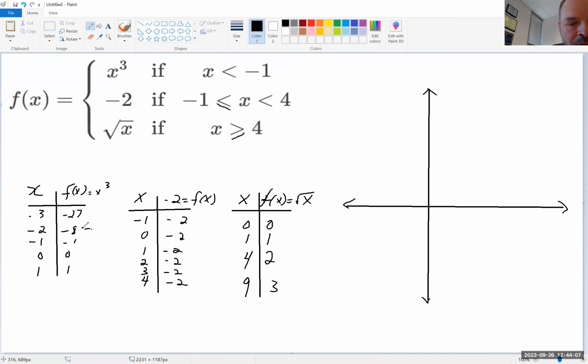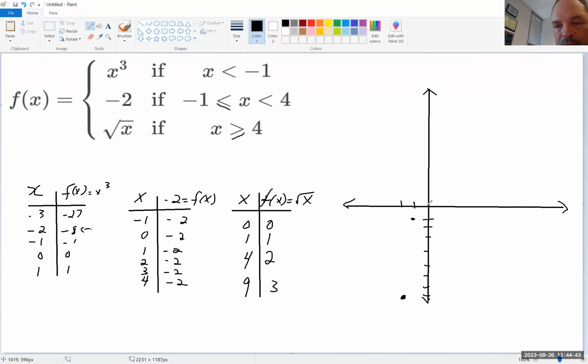So this one here. -2, -8. 1, 2, 3, 4, 5, 6, 7, 8. I try to evenly space those, but obviously I'm not doing a great job at it. So when it comes to your graphing, try to be a little bit more evenly spaced. Then I've got -1, -1, so that's gonna be here.